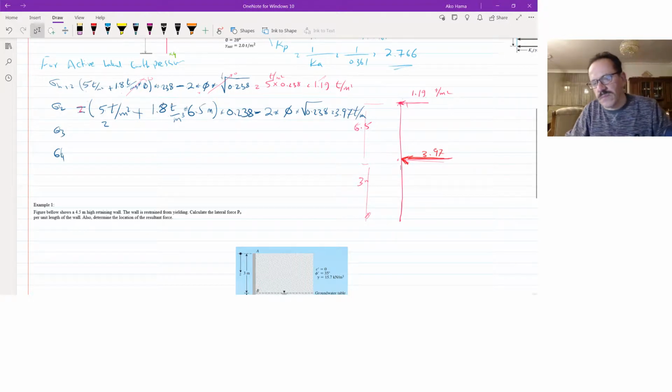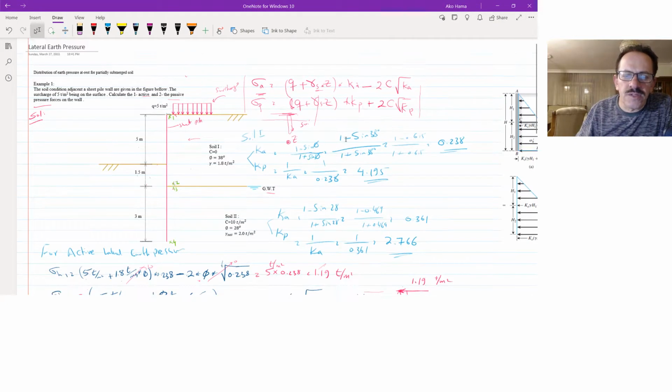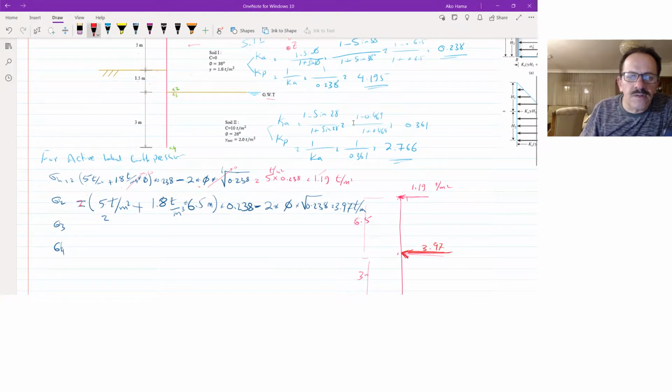Now remember that we have to calculate the pressure at point 3 in a different way, because we are in a different soil. At point 3, which is just below point 2, the load will stay 5.5 ton per meter square, and gamma, here's the difference. Soil 2 has another gamma, gamma saturated.